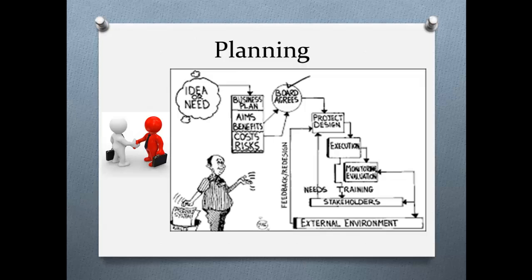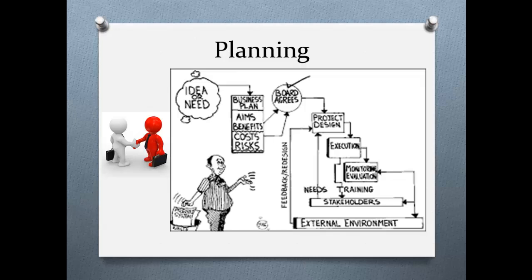Okay, that being said, now let's move on to the planning phase. What mostly happens in the planning phase is that there is a vendor and there is a client. The vendor is someone who gets a project.